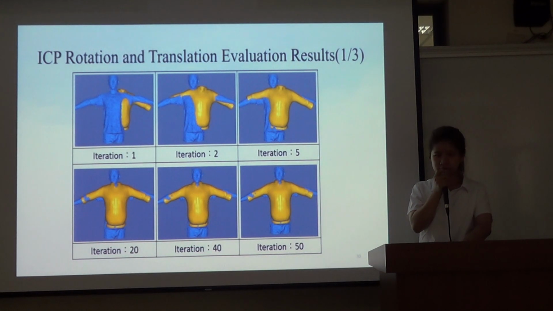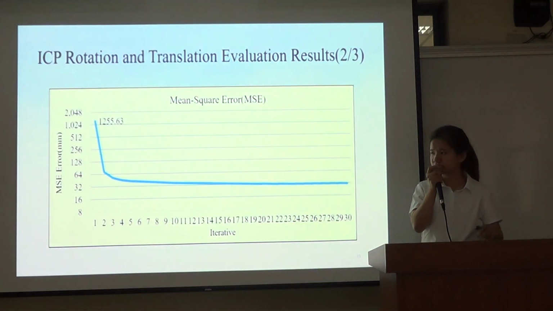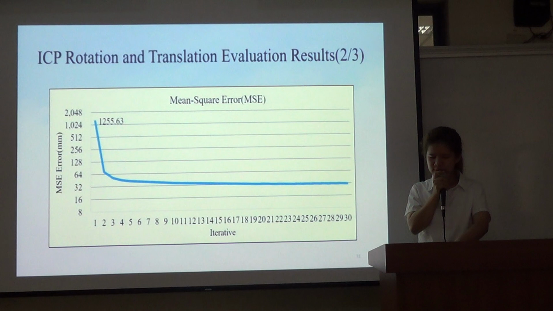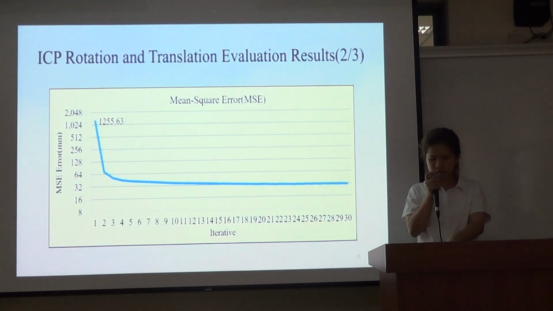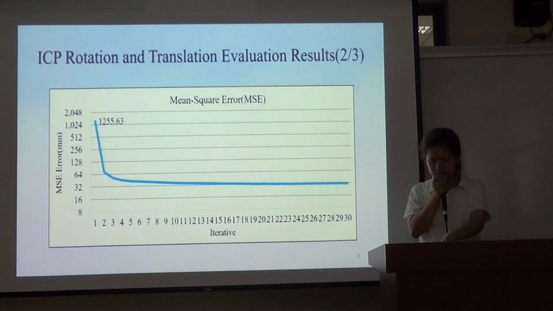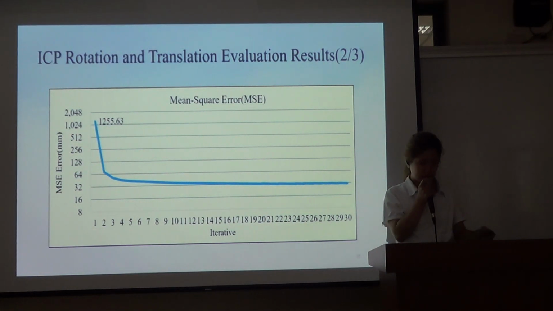This is the ICP rotation and translation variation result. This is the mean square error of source model A and target model B. It can be seen that MSE tends to be flat, which means that the current model matches the human model.